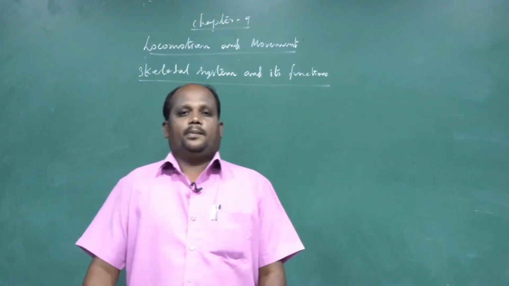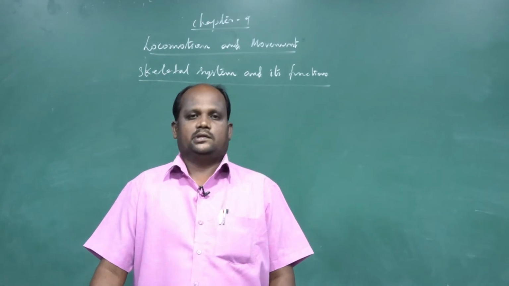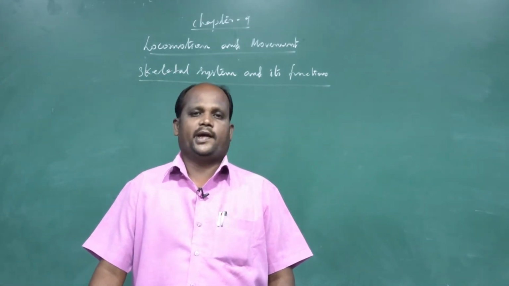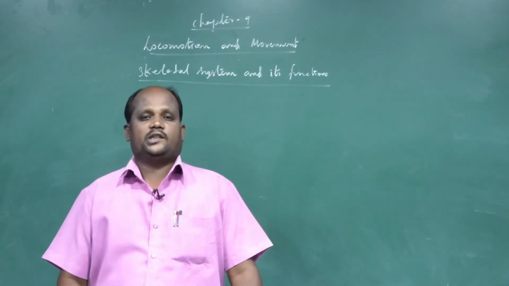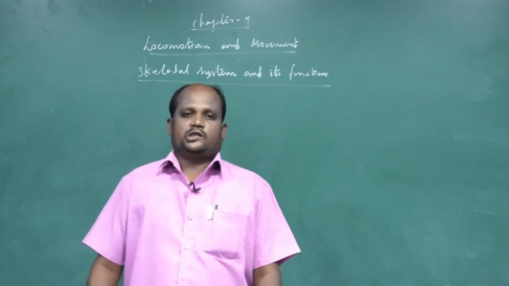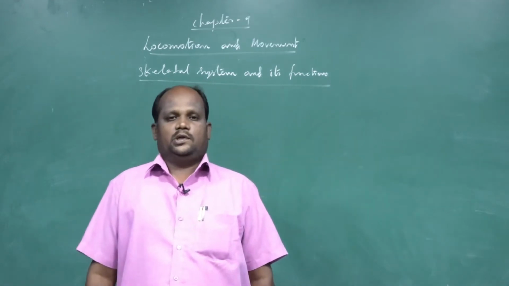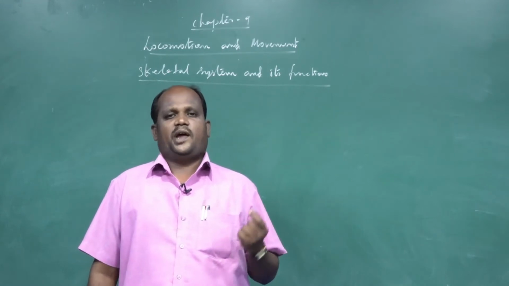In the same way, the nervous system also has many organs. Locomotion and body movements are regulated by two important systems. One is the muscular system, the second is the skeletal system. The muscular system we already took in my previous class, and today's topic is skeletal system and functions.